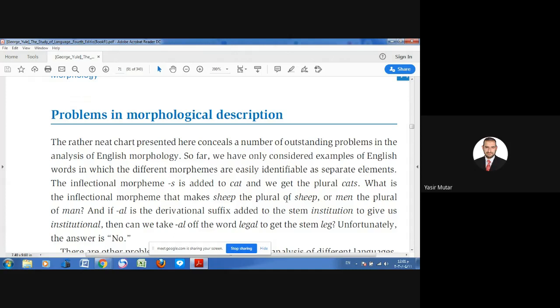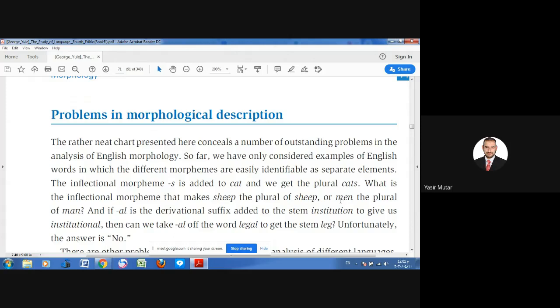Or the word man: the plural form of man is men, so we don't have s. For example, child, by adding the suffix ren, children, which is an irregular plural form.